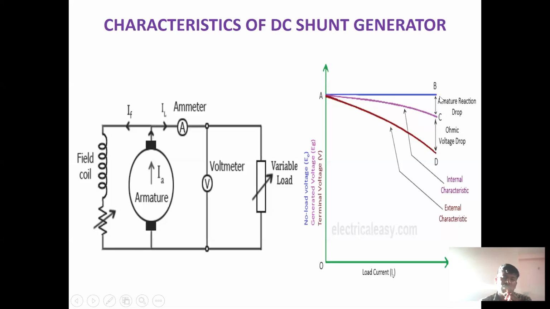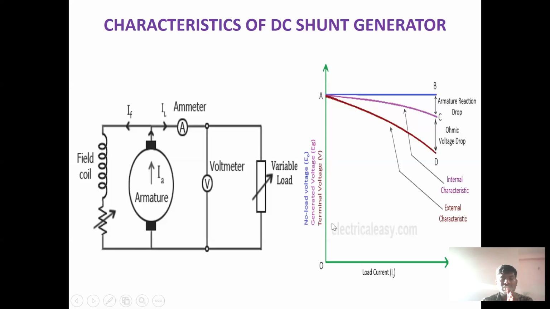If we increase the armature current, the induced EMF slightly decreases due to the demagnetization effect. Then we draw the external characteristics, that is the load voltage versus load current.